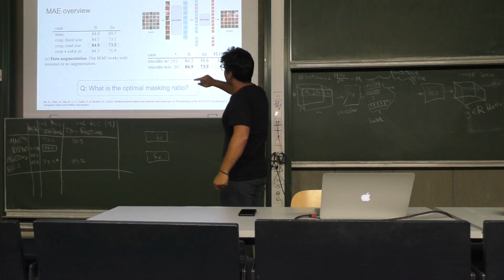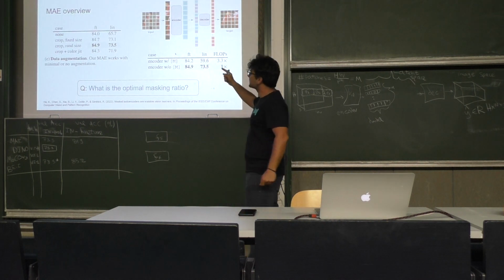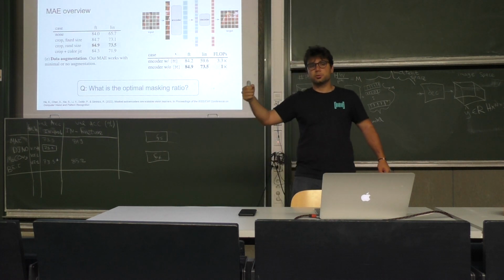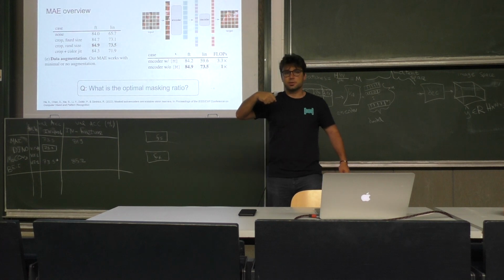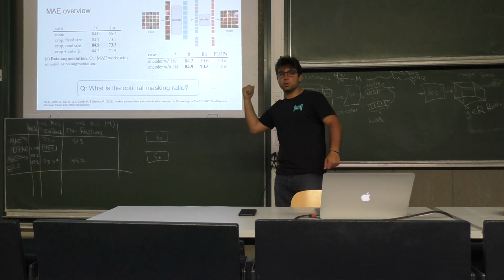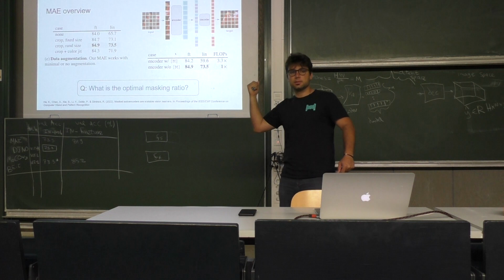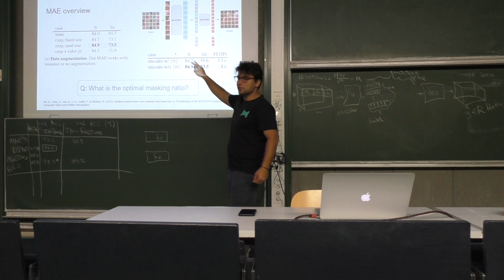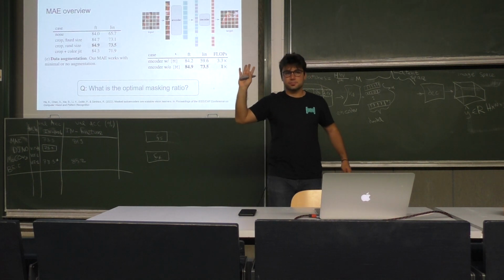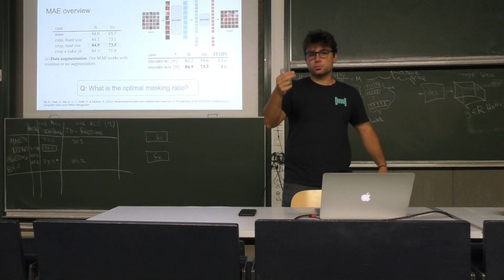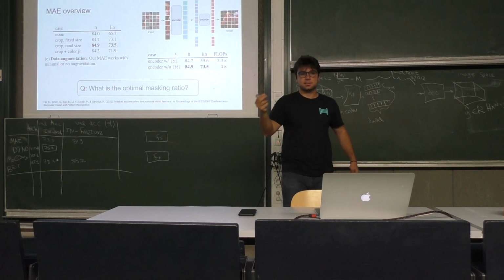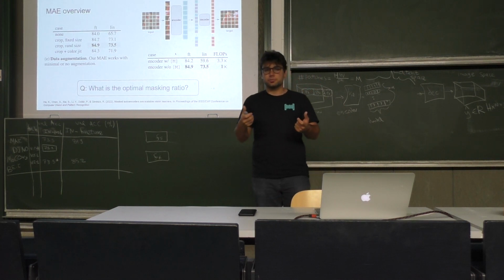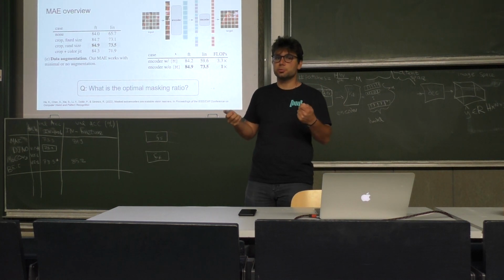The more patches I mask on the image, the more computational complexity I save, because I don't have to process them on the encoder network. Is that clear? In the extreme case, if I mask 99% of those patches, I only have to process 1% of unmasked patches. This is the first work that created this trade-off, which saves you a lot of computation.